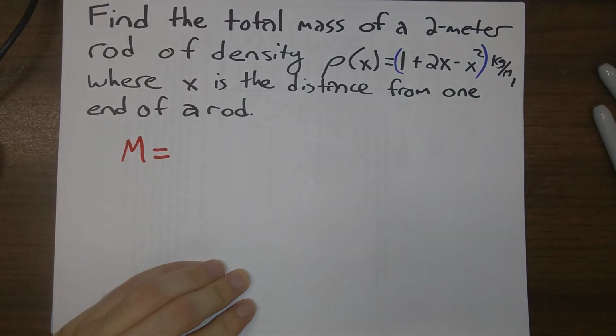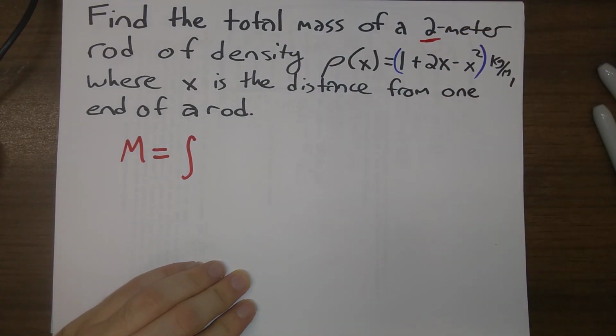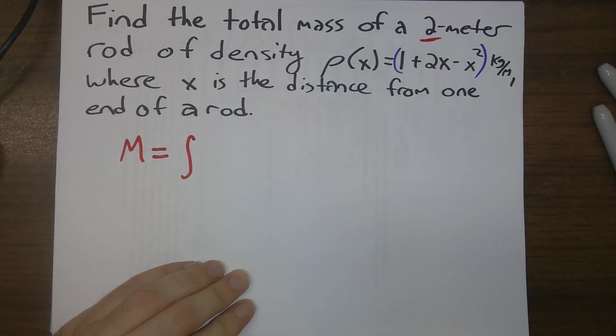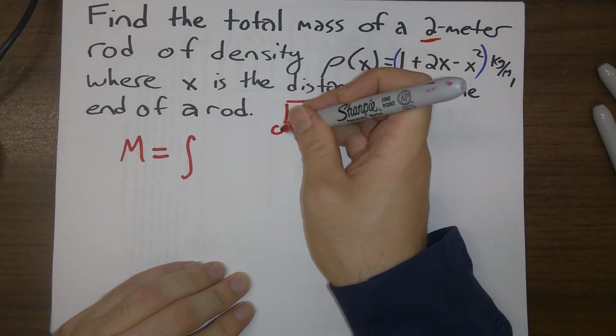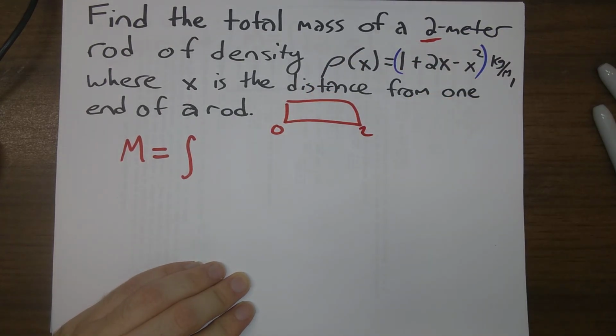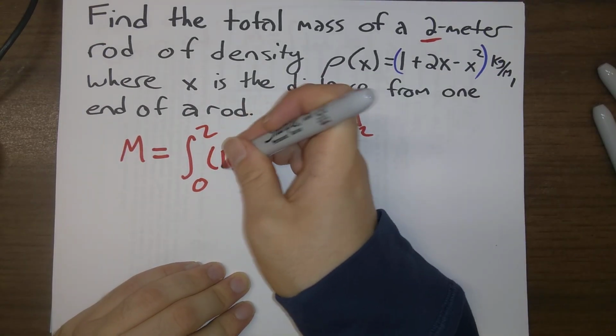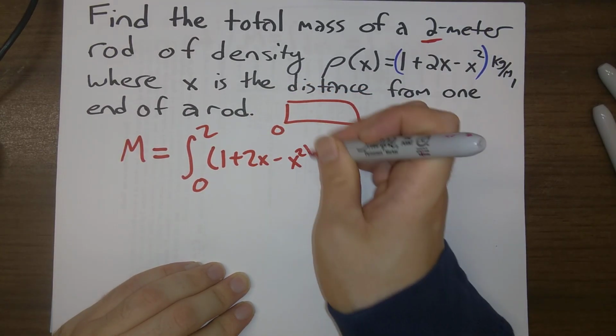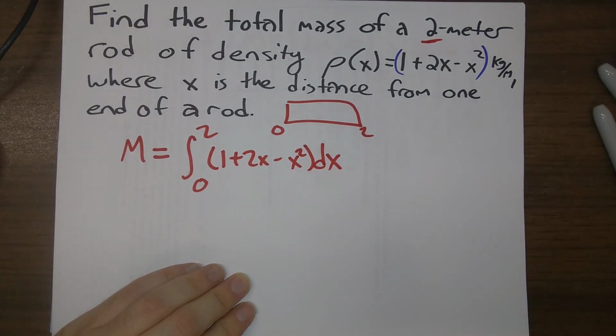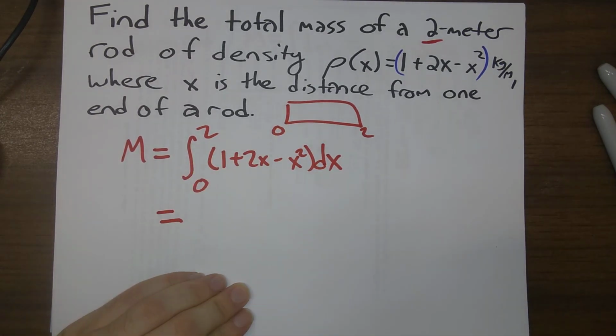So m is going to be the integral for a 2-meter rod. We'll say one end is at 0, the other end is at 2. The integral from 0 to 2 of 1 plus 2x minus x squared dx. This is the integral we have to do to find our answer.